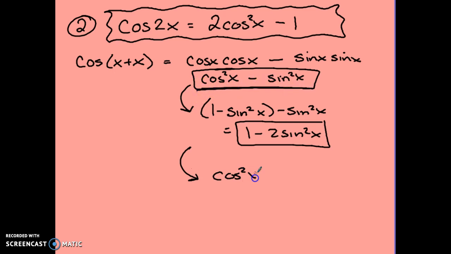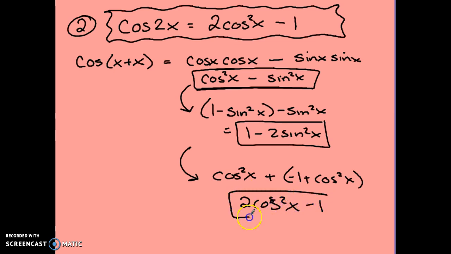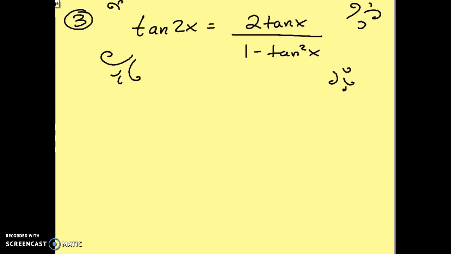Instead of rewriting cosine squared, I could rewrite sine squared as 1 minus cosine squared. And I can distribute, combine like terms, so I get 2 cosine squared, read that kind of weird, and minus 1. All three of these are correct for the double angle formula. I just picked one to write up here. I don't care which one you use, it's totally up to you, okay? So you really don't need to memorize all three. You really don't need to memorize any of them because you can derive it pretty simply.